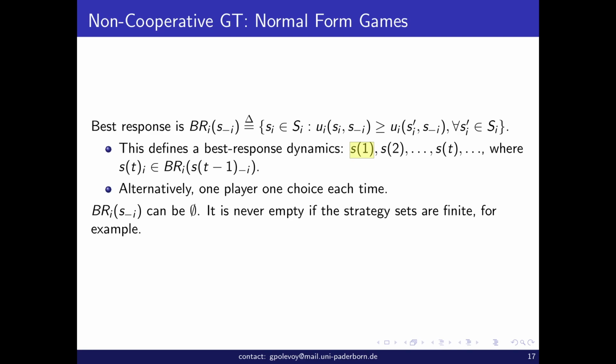Now, let all the agents simultaneously write down what are their best responses to this s1, so to the strategy tuples of other agents in s1, and simultaneously play. So that's going to determine s2, time 2, and so on. Then every agent responds to what happens in s2 and so on. So they work like that.